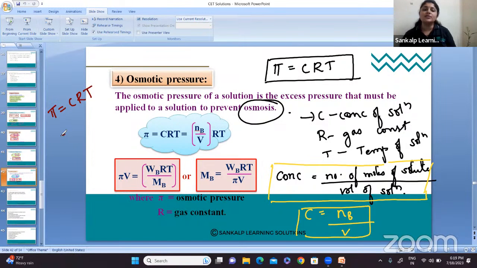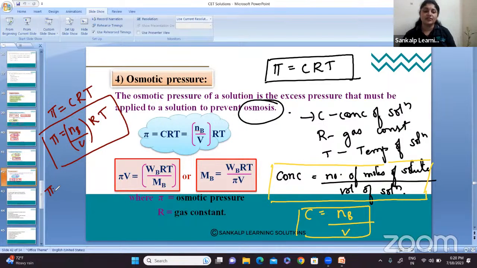So pi is equal to NB by V into RT. So this is the osmotic pressure you can calculate. You can calculate the concentration by finding out the number of moles of solute divided by volume of solution. This can be rearranged.